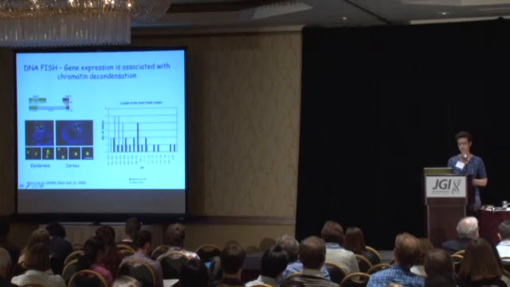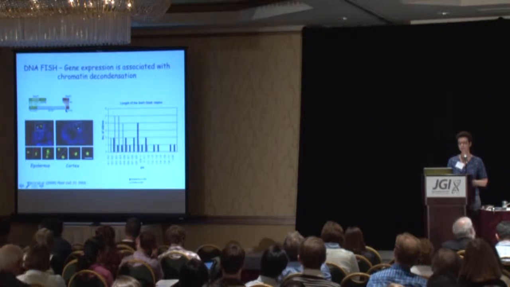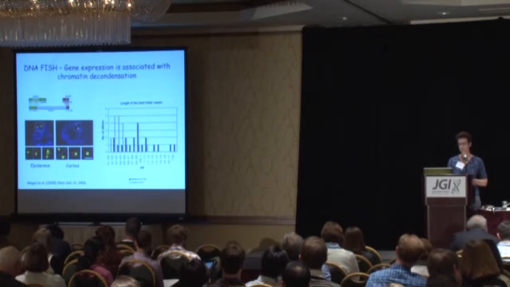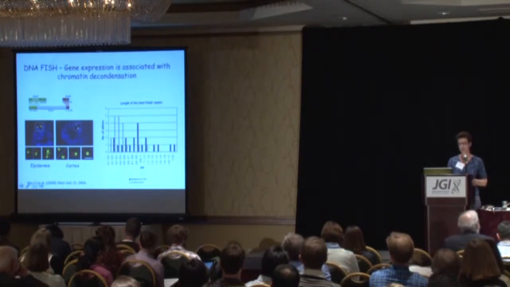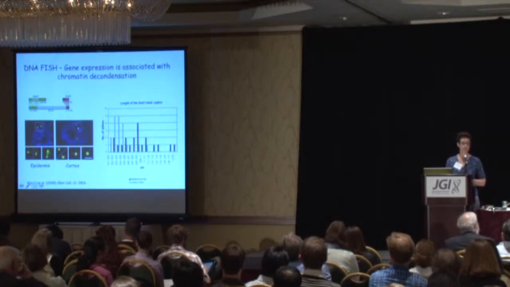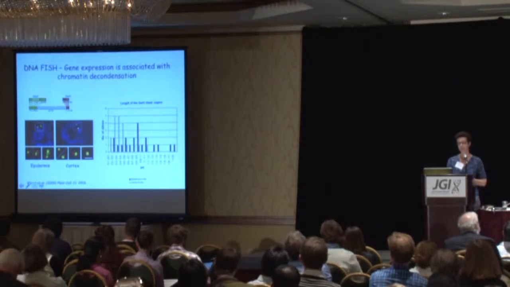This is some fairly early DNA FISH that we did, looking at 2 genes in the oat cluster, in green and red, where Ava Vagel, a very talented postdoc who did this work, could detect these genes in the epidermal cell layer where the cluster is active, and in the cortical cells where it is not. And she could show that these genes are more strung out in the cells in which the pathway is active.